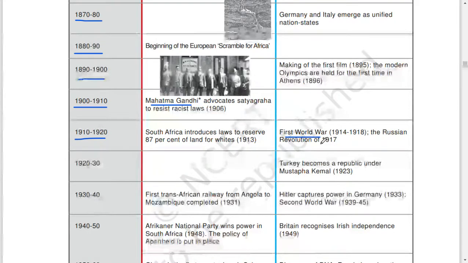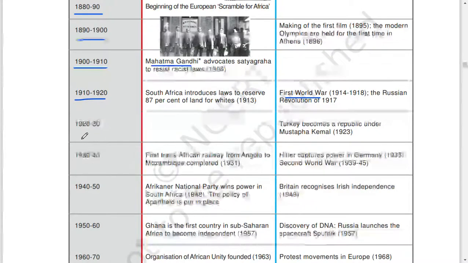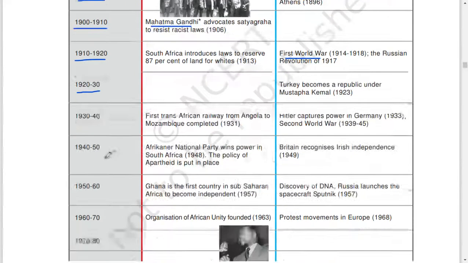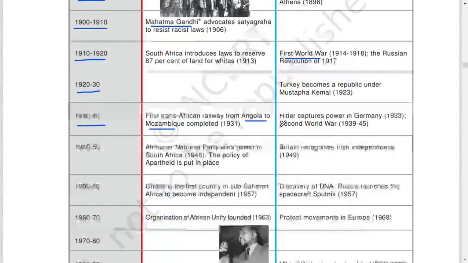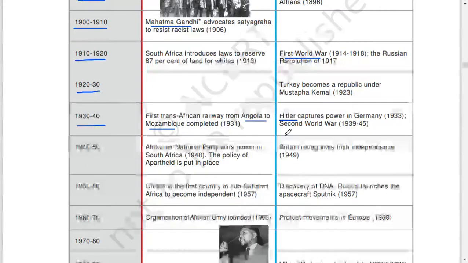The Russian Revolution, 1917. 1920 to 30, Turkey becomes a republic under Mustafa Kemal, 1923. 1930 to 40, first Trans-African Railway from Angola to Mozambique completed, 1931. Hitler captures power in Germany, 1933. Second World War, 1939 to 45.